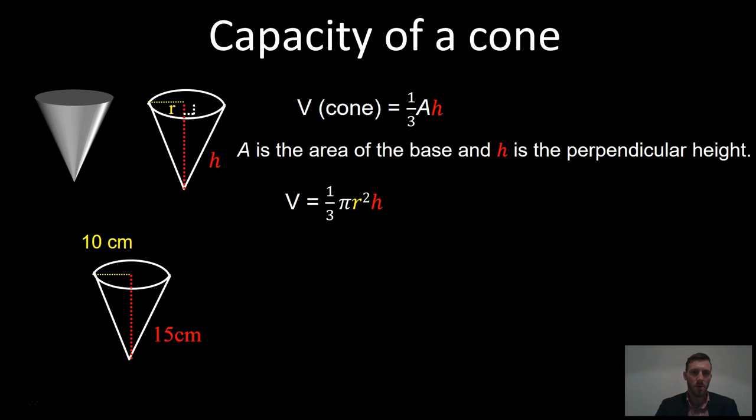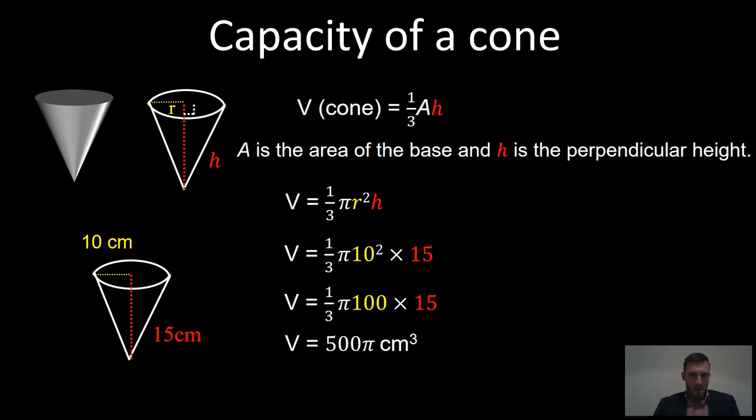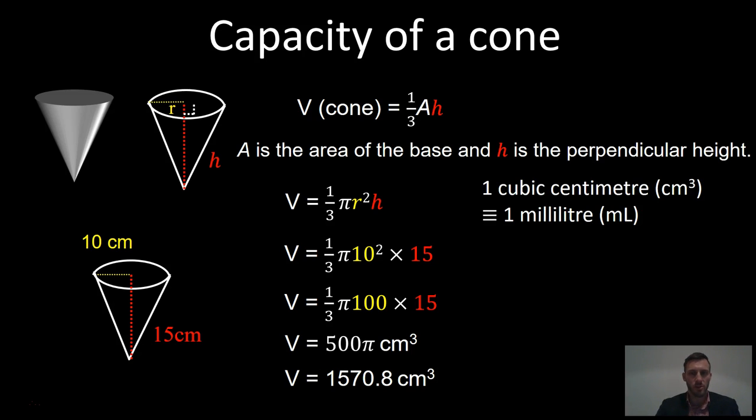So we've got 1/3 pi r squared times the perpendicular height. And we substitute in our values. So we have a radius of 10 centimeters and a perpendicular height of 15 centimeters. And we evaluate, and we get the volume is 500 pi centimeters cubed, which is 1,570.8 centimeters cubed.